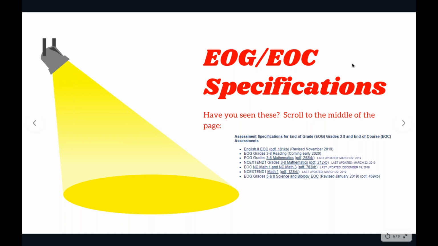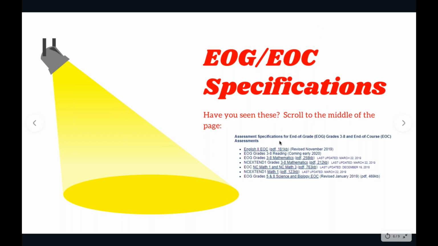If you are familiar with them, if you could raise your hand, we'll see if anyone has heard of these before. I see a couple of hands going up. All right, great. If you happen to be teaching a tested subject or grade level, these specification sheets can be very handy when thinking about building an assessment in Schoolnet.